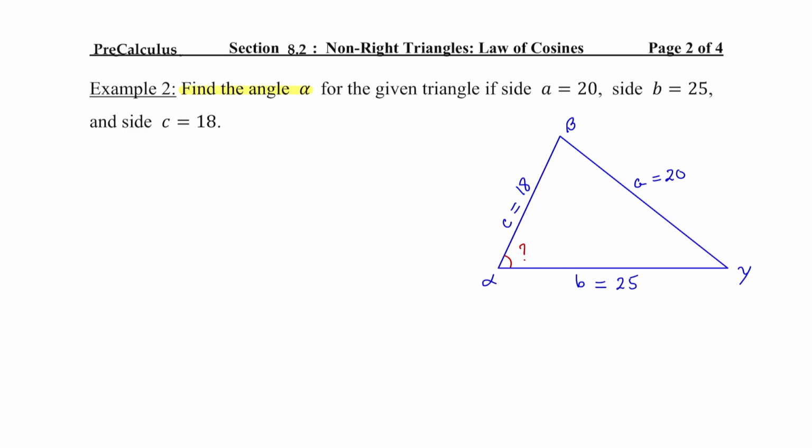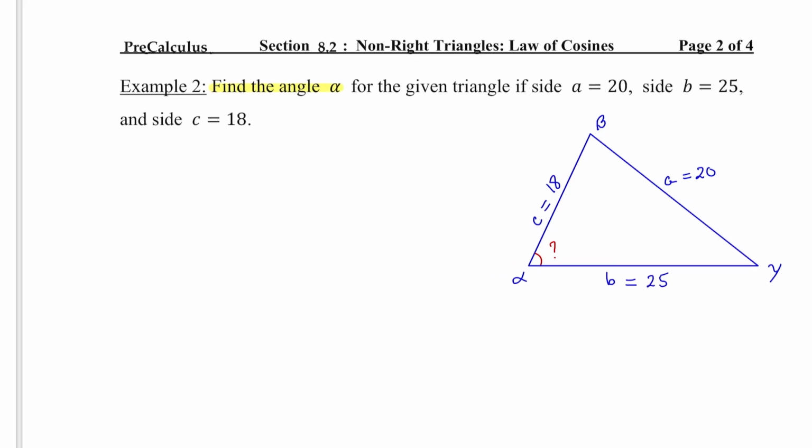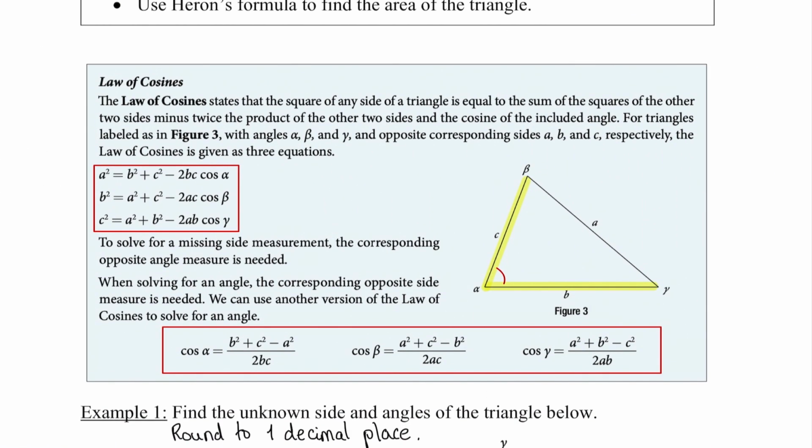However, I can use the other variation of law of cosines. If you go back to the previous page, instead of using this formula, I can also use this formula right here. These two are equivalent. The only difference is that this one is solved for a squared and this one is solved for cosine of alpha.